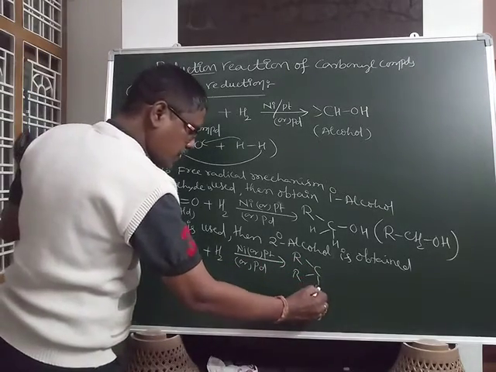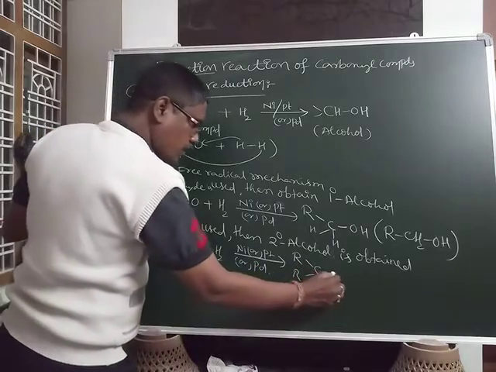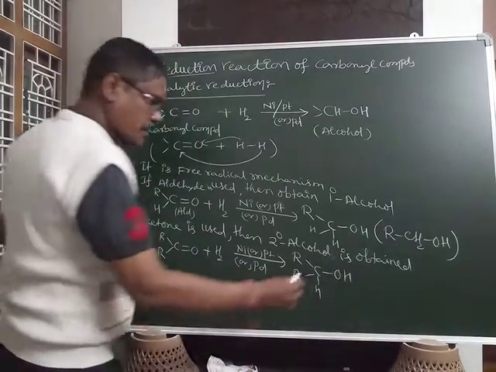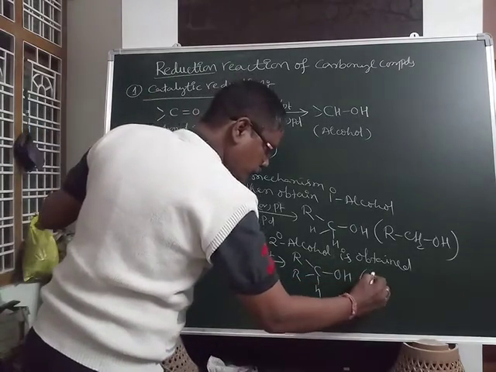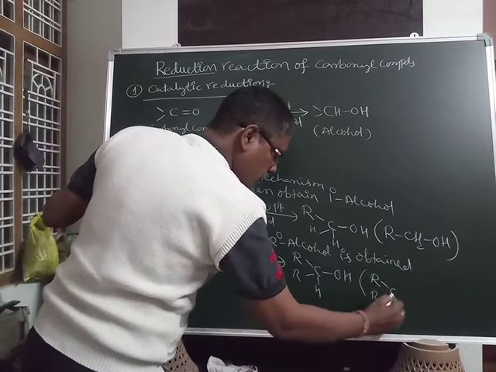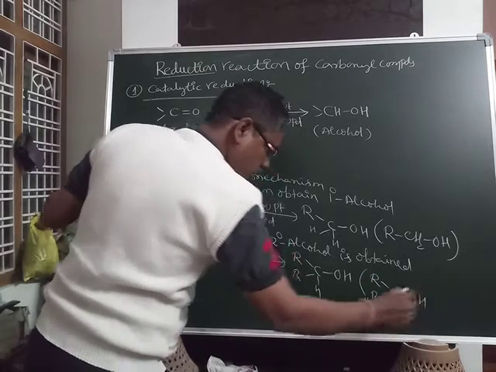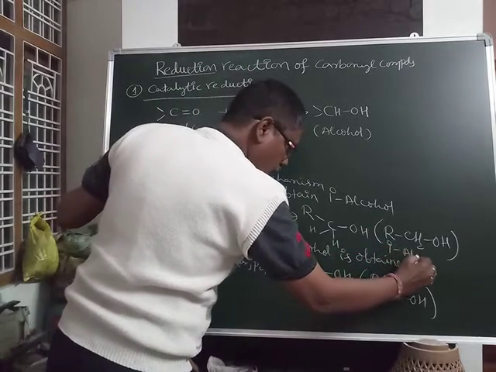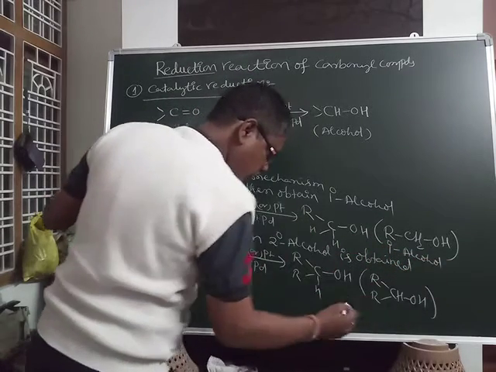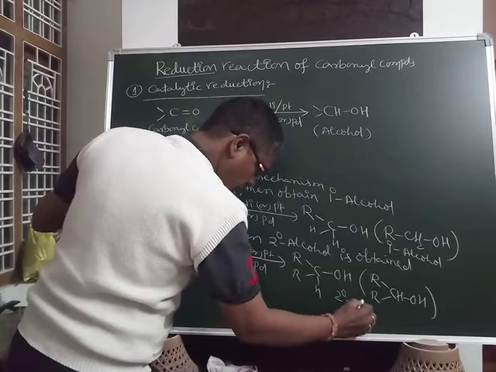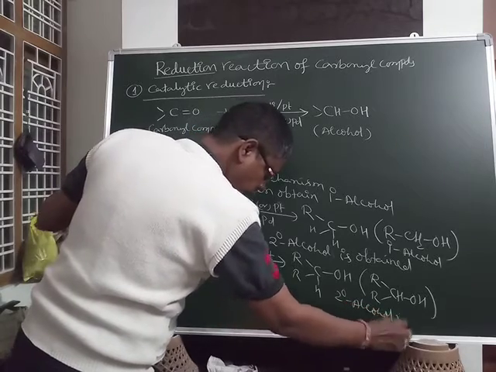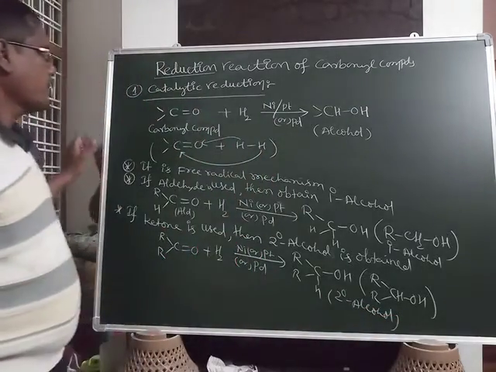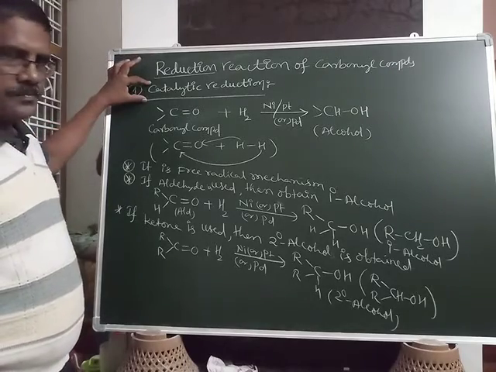One hydrogen is added to this position and one hydrogen added to oxygen. This can be written as R, R, H, O, H. So this is the primary alcohol. This one is the secondary alcohol.